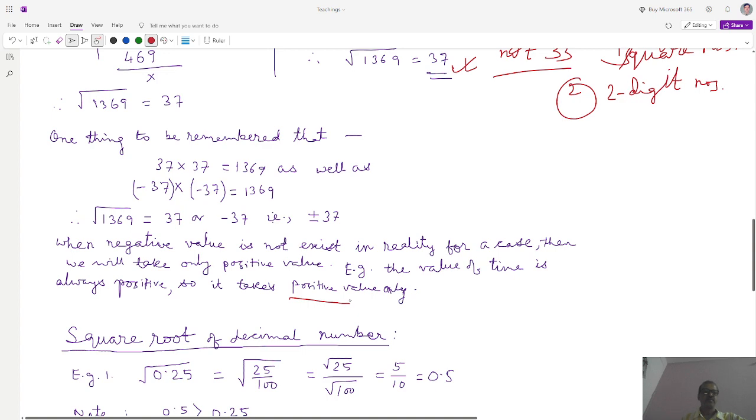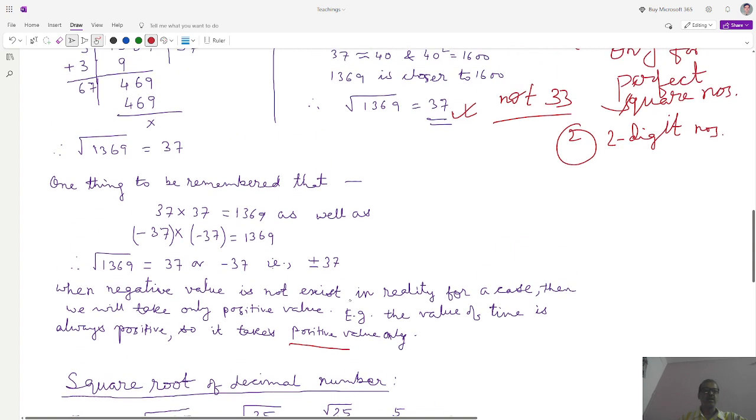Okay. This is an important note. You have to remember, if we write like that root over of 1369 equals 37, then we will miss its negative value.